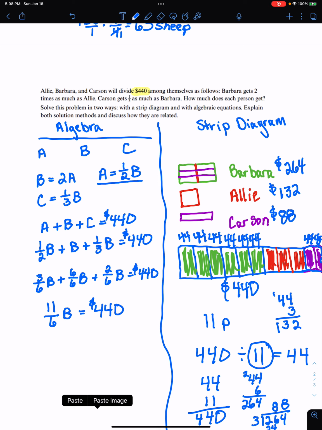So I am going to do some algebra here and divide both sides by 11 sixths.